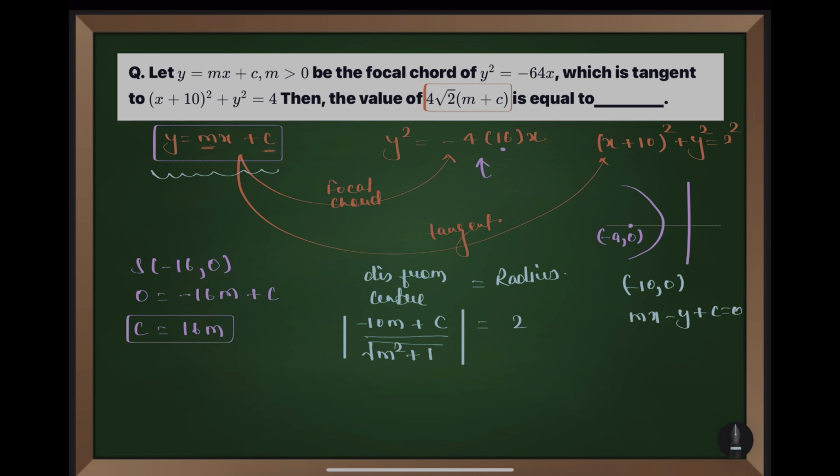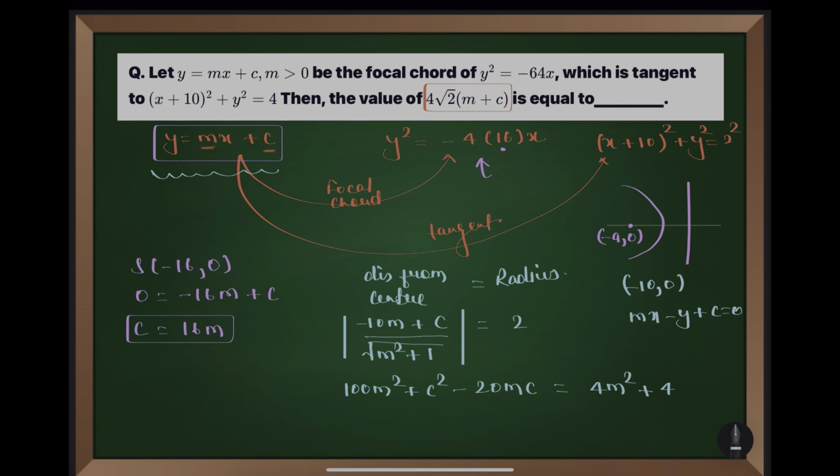Okay, so we will have 100m square plus c square minus 20mc. Then 2 will become 4, and here the root will vanish. So it is 4m square plus 4. Till this part you guys are okay.